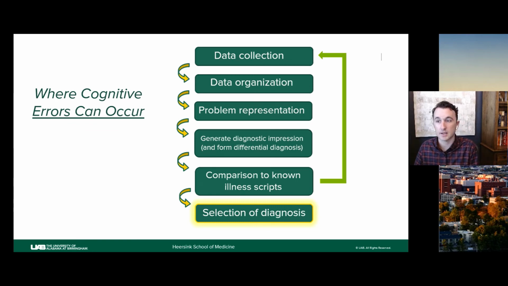ultimately select a diagnosis. Okay, so now those clinicians with large repositories of illness scripts, like those who are really experienced clinicians, they might be more likely to arrive at the right diagnosis because the diagnosis is more likely to correspond with an illness script that they already have in their collection. Okay? However, those with more limited clinical experiences, their scripts may be too rigid or too narrowly defined, or even incorrect.